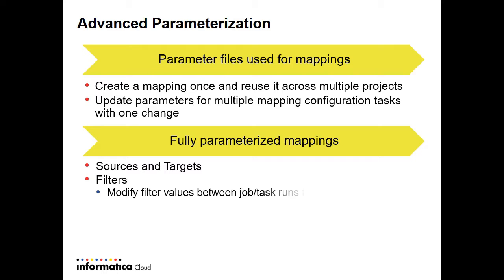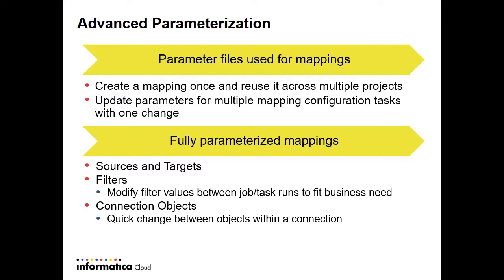To fit your business needs, you can modify the values between job or task runs by parameterizing the filters. Then, you can have parameterized connection objects in which quick changes between objects within a connection can be made. For example, switching from opportunity to account objects in Salesforce.